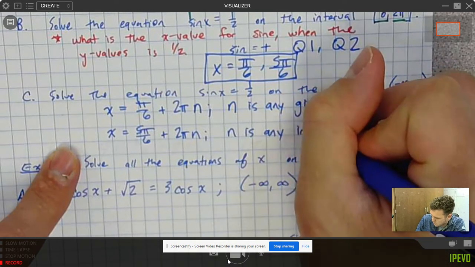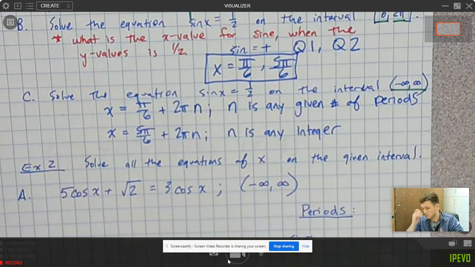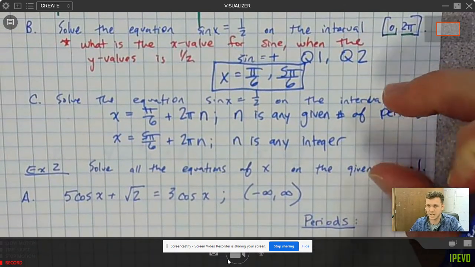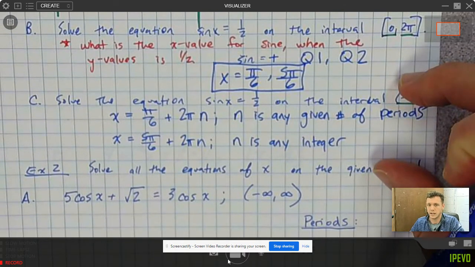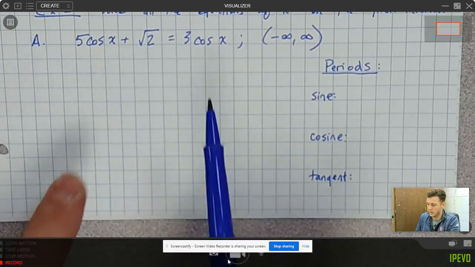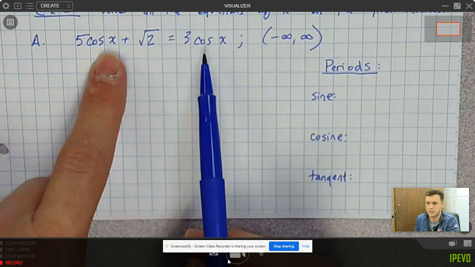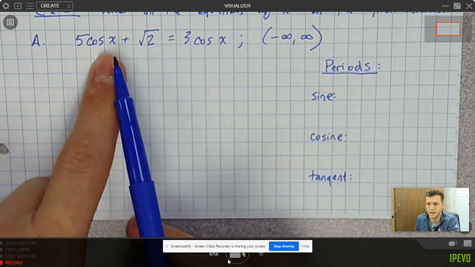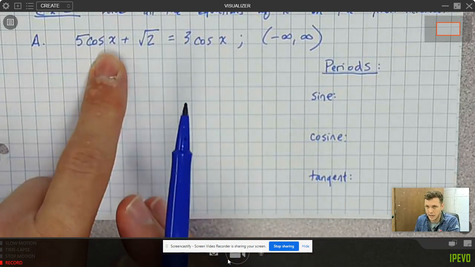So when we go to solve these next problems, what we want to do is isolate the cosine of x. We're going to get the cosine of x all by itself, identify what that specific trig function is equal to, and then find those specific values in the given interval. So here it's negative infinity to infinity.